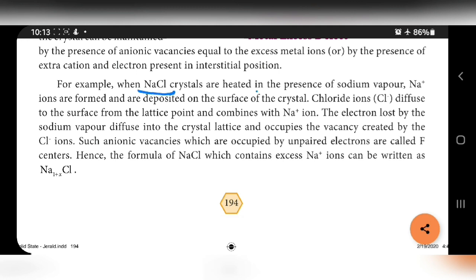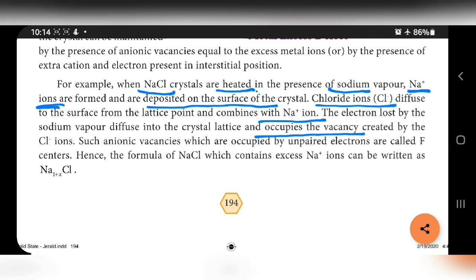NaCl is heated in the presence of sodium. That sodium loses an electron and forms Na plus ions, which are deposited on the surface. Chloride ion diffuses to the surface and combines with the Na plus. The electron lost by the sodium vapor diffuses into the crystal and occupies the vacancy.